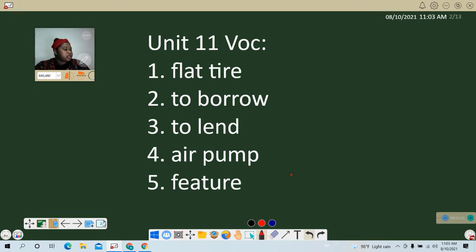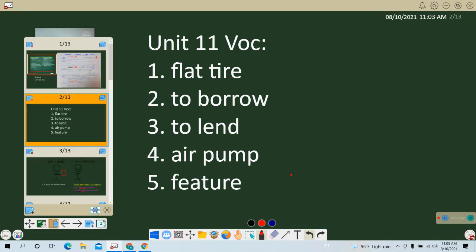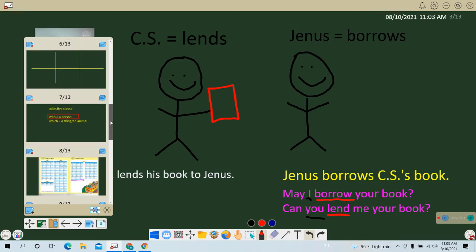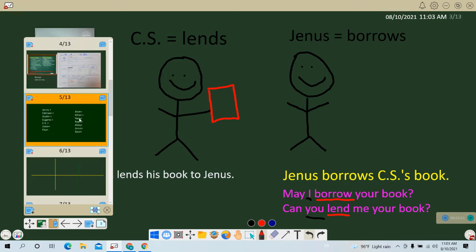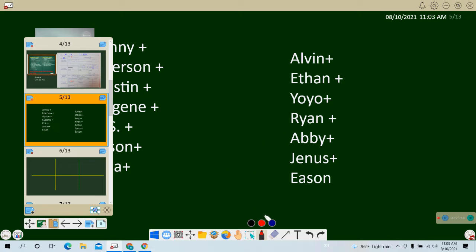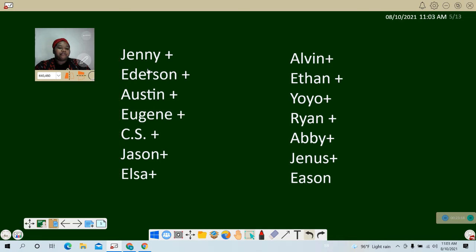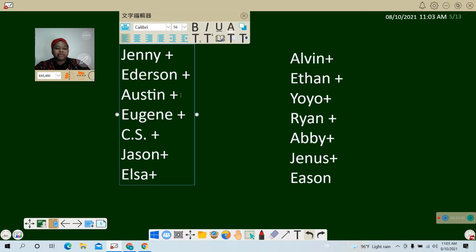Very different. What's another way to say feature? Let's have Ethan. What is feature? Yes, Eugene? Special. Yes, another word for feature will be special. Okay? Great job.